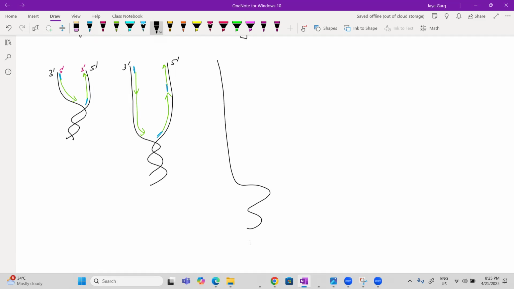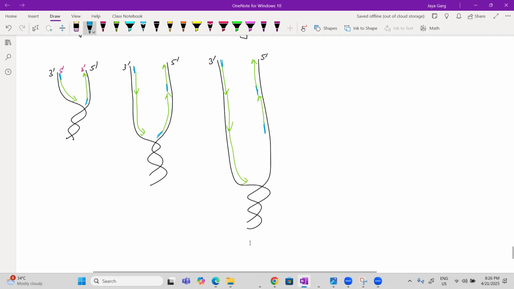Open more. First time primer, second time. First time work done, second time work done. This can see, it can move forward, third time. It cannot see, again it will come back and it will add.